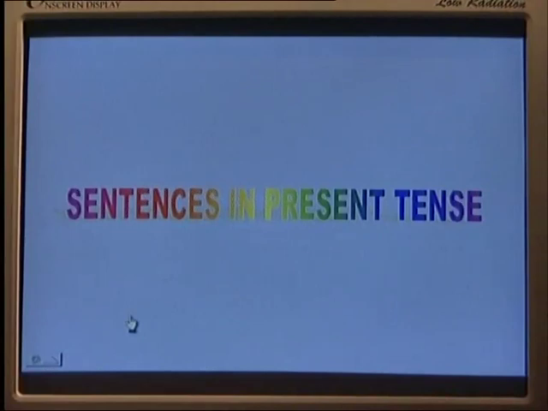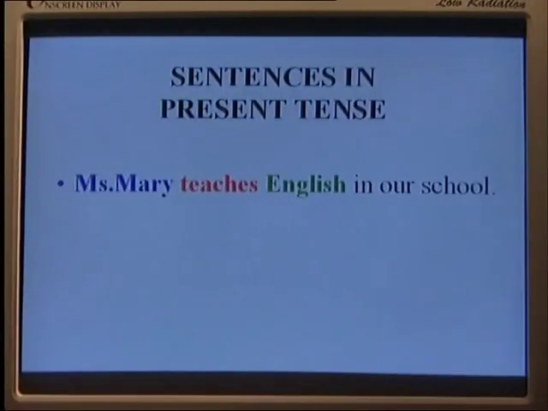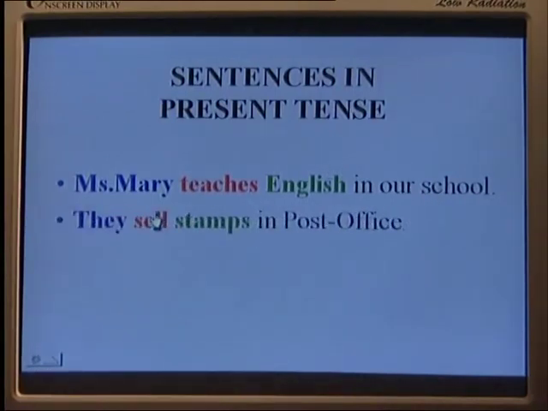Okay. Now I will give you the sentences in present tense. Now, you have understood what is present tense. Okay. So, look at this sentence. Miss Mary teaches English in our school. And another sentence, they sell stamps in post office.